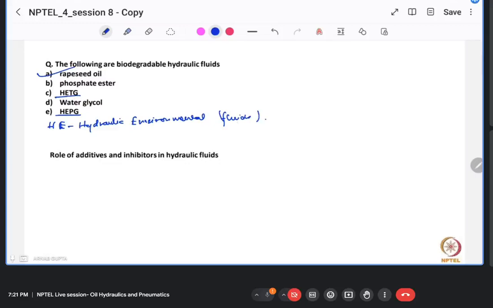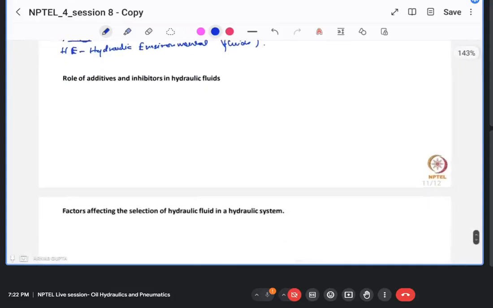HETG means triglyceride based oils, derived from plants. Then HEPG means polyglycol based oils. You have others, synthetic ester based HEES. So these are biodegradable ones. What about water glycol? It is not biodegradable. Phosphate ester is also not biodegradable.